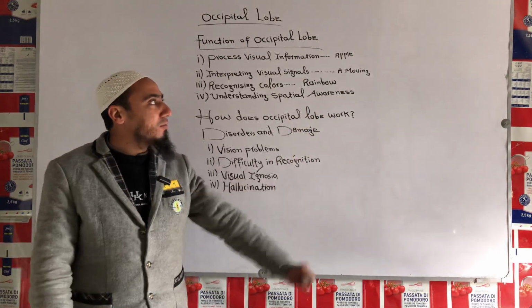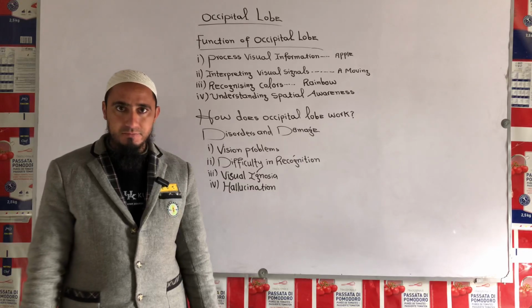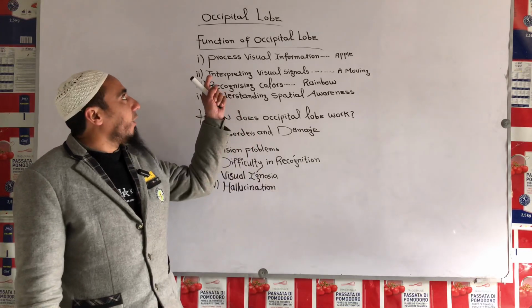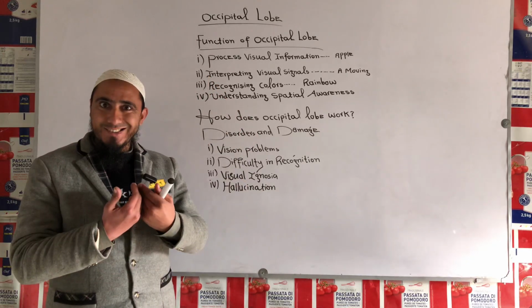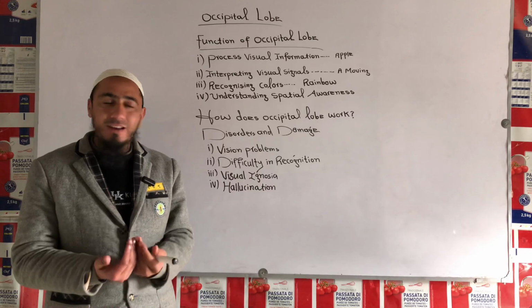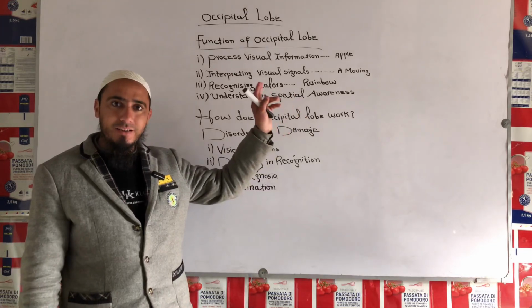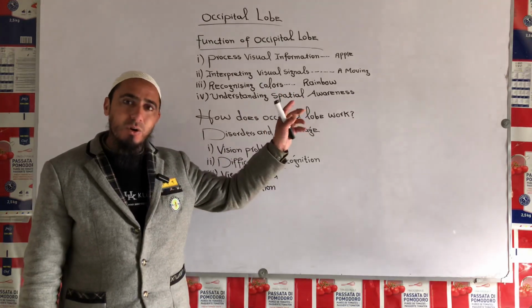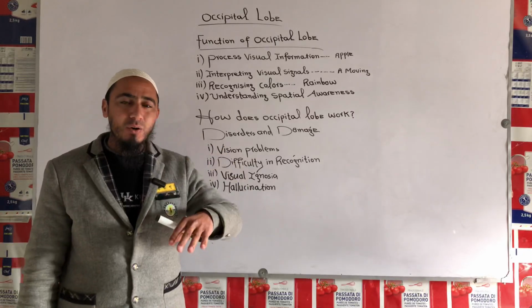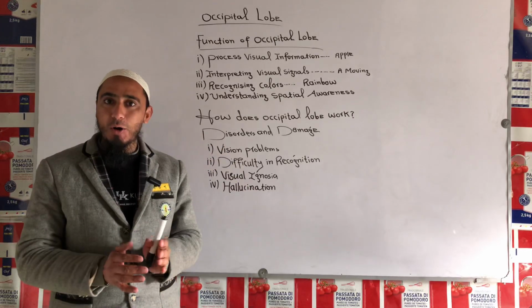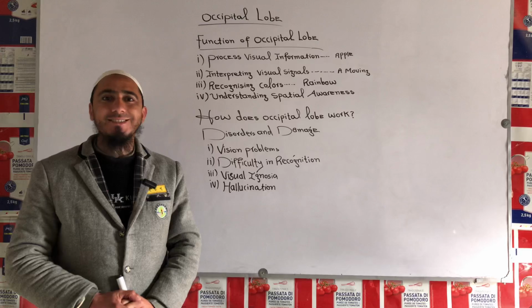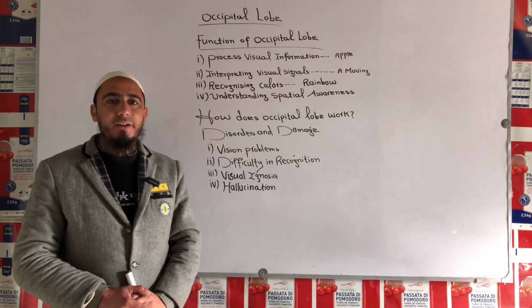For example, when you see a moving car, the occipital lobe helps tell us whether the car is at speed, or slow, or far in the distance, or very near.